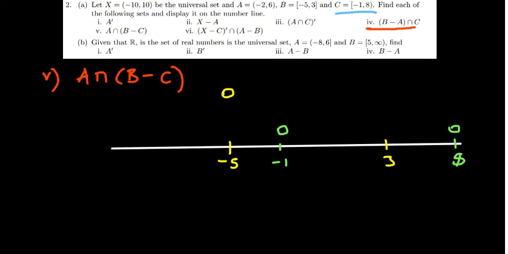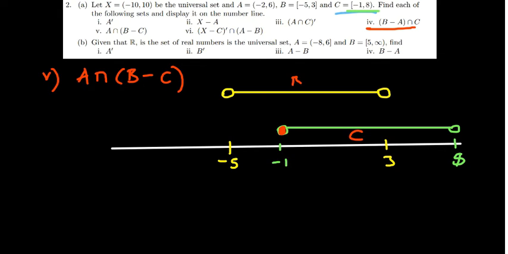So I'm just trying to draw them. -1 to 8 is set C, shaded on one end, which is -1. And the other set, which is B, is from -5 to 3, shaded at both ends based on the kind of brackets I'm seeing there.